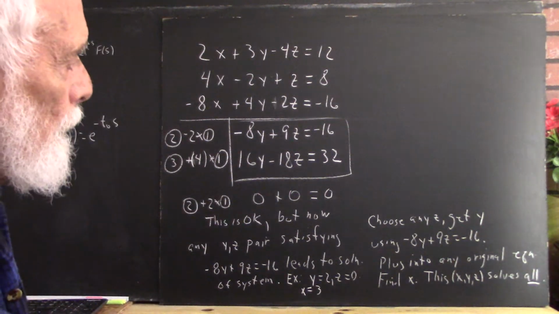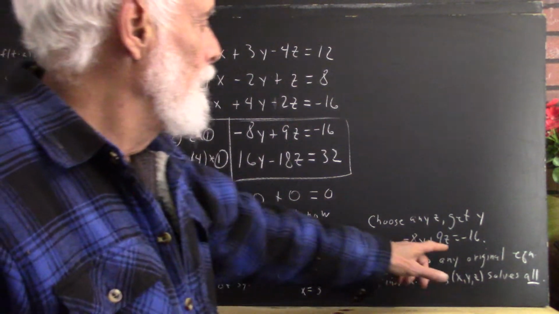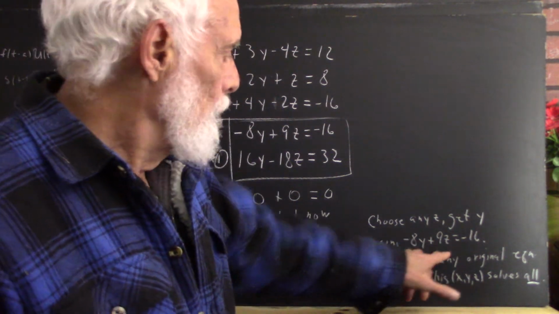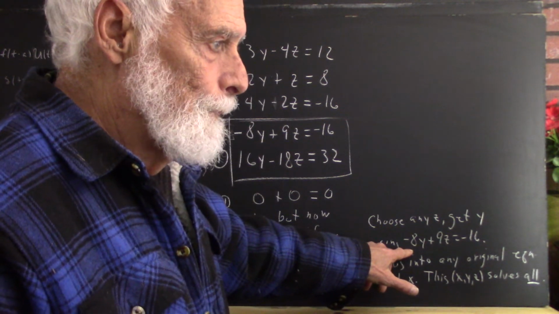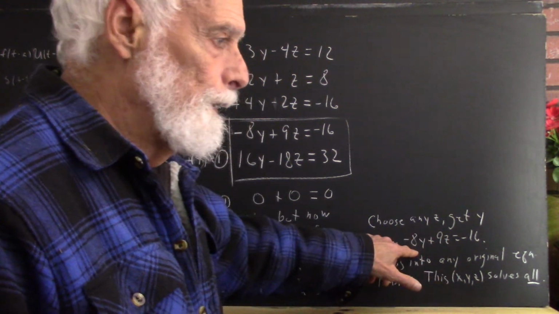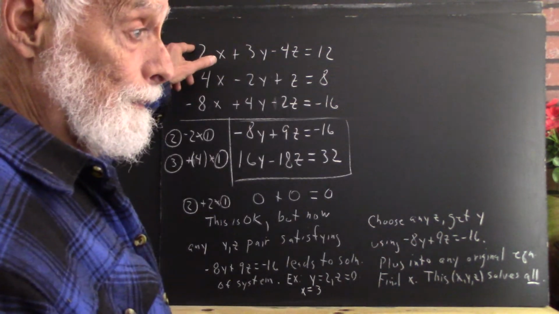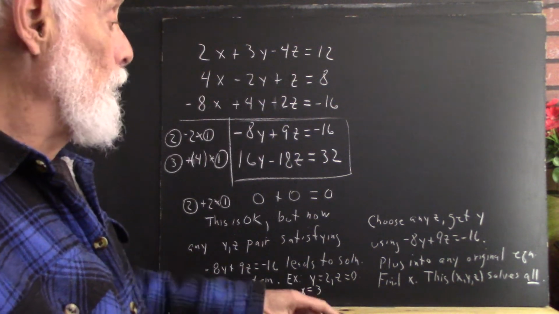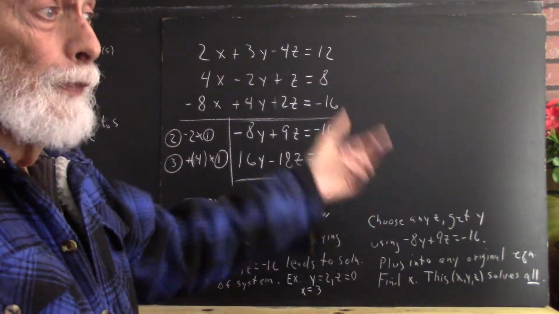And we call z then, we're free to choose z. Once we choose z, we get y. And once we have y and z, we get x. And satisfies all the equations. We would call z then the free variable.